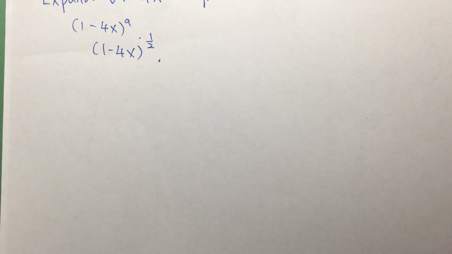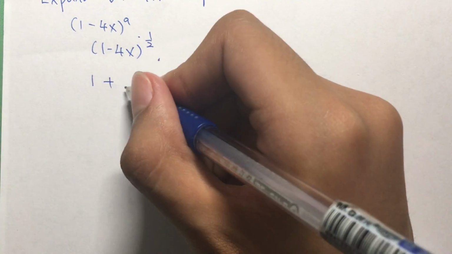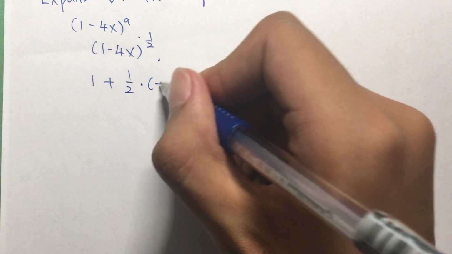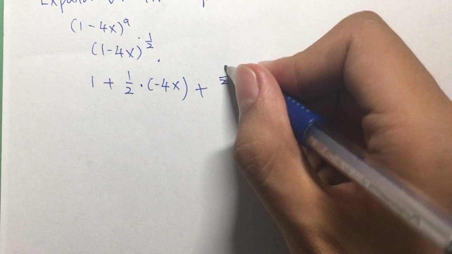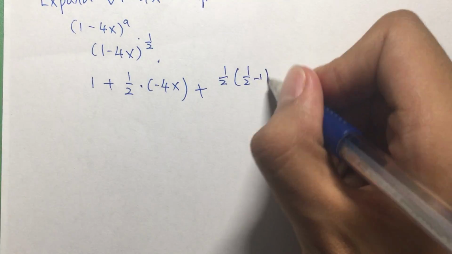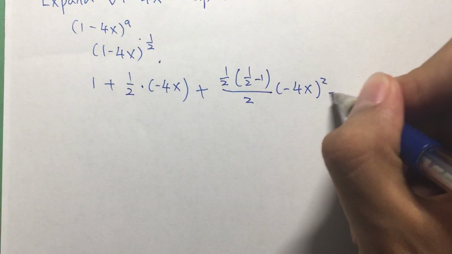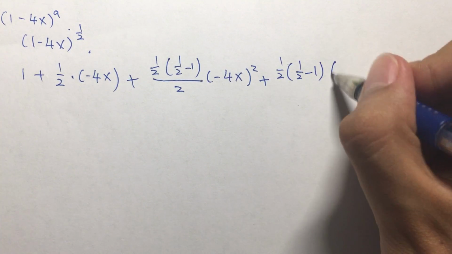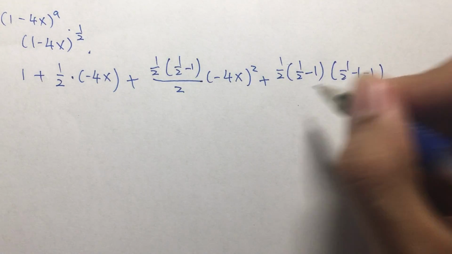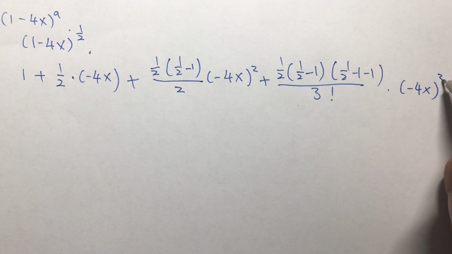And now let's use our theorem: we have 1 here, then plus a half times (negative 4x), then plus a half times (a half minus 1) over 2 times (negative 4x) squared, plus a half times (a half minus 1) times (a half minus 2) over 3 factorial times (negative 4x) to the power of 3.